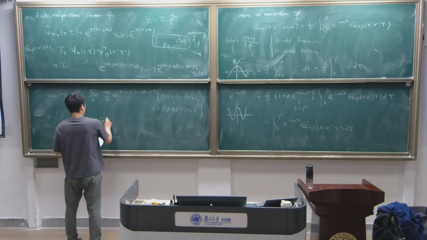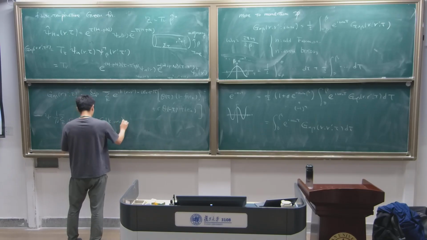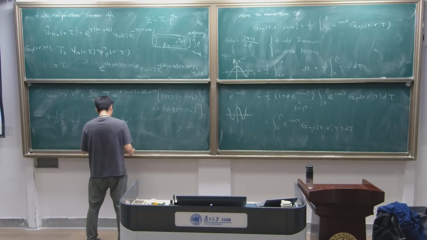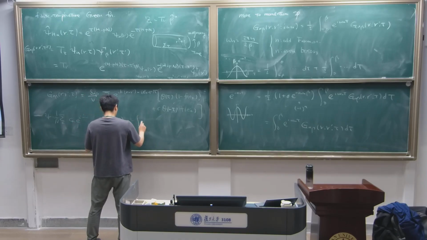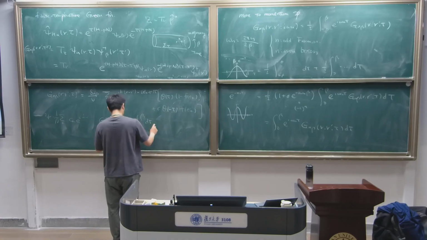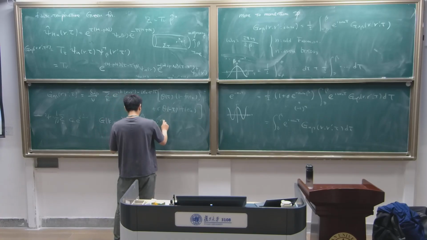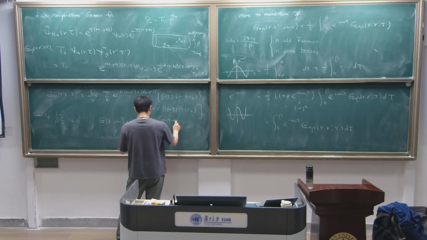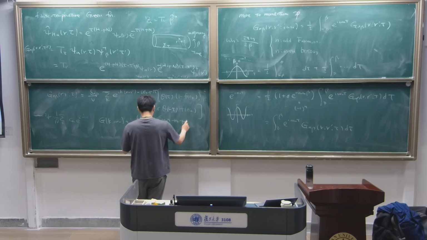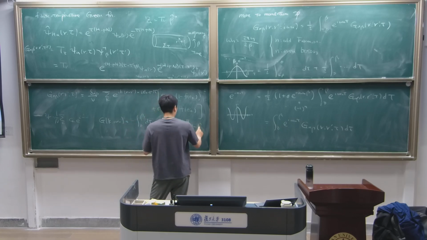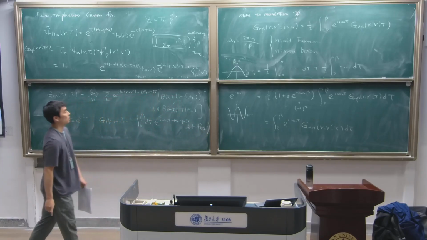So G_K(I omega n) is equal to minus the integral from 0 to beta d tau e to the I omega n tau times e to the minus (epsilon k minus mu) tau. So this is the integral.